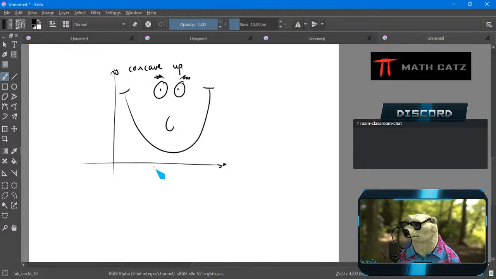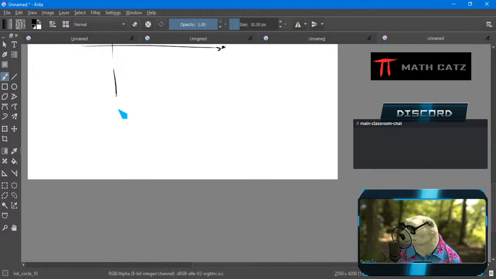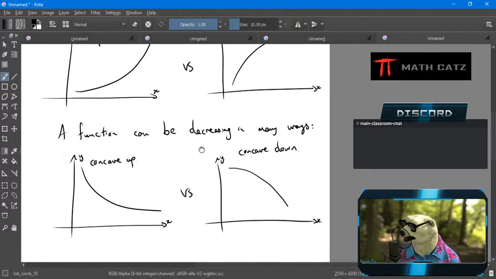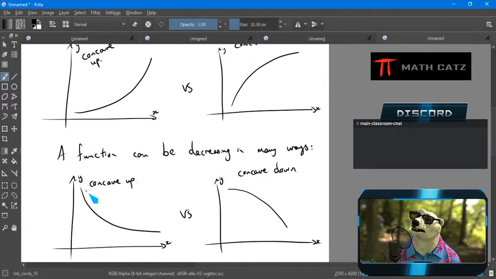Concave up. When I'm sad, I am down. When I'm down, I frown. Concave down. So it's pretty easy to remember which is which. But know that it doesn't have to be a full turn. It could be a little half smile or a little half frown. Concave up, concave down. Okay.